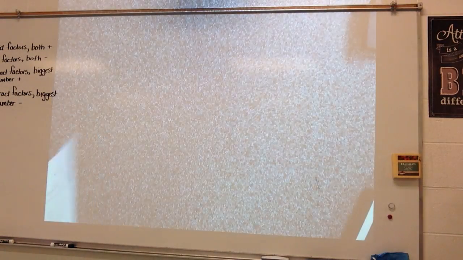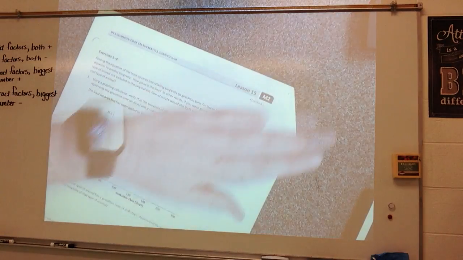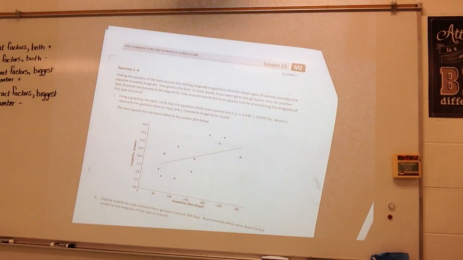Let's look at exercises 1 through 4. Finding the equation of the least squares line relating longevity to gestation time for these types of animals provides the equation to predict longevity. How good is the line?